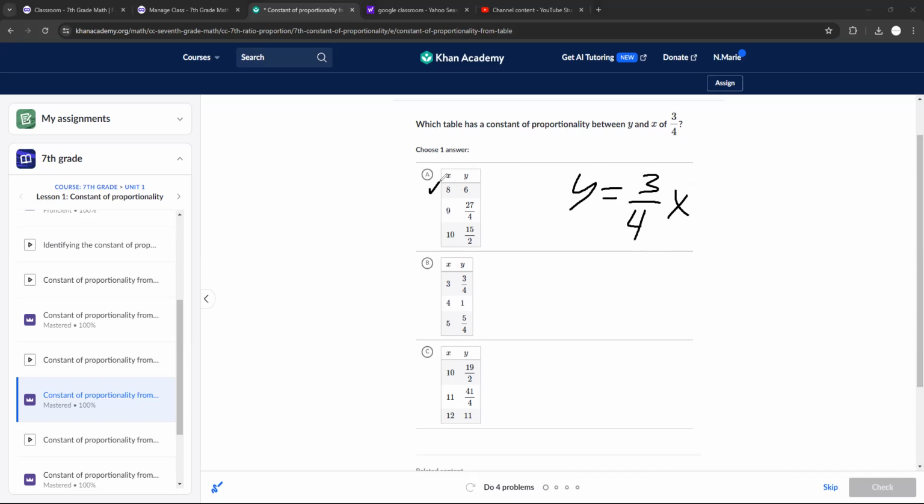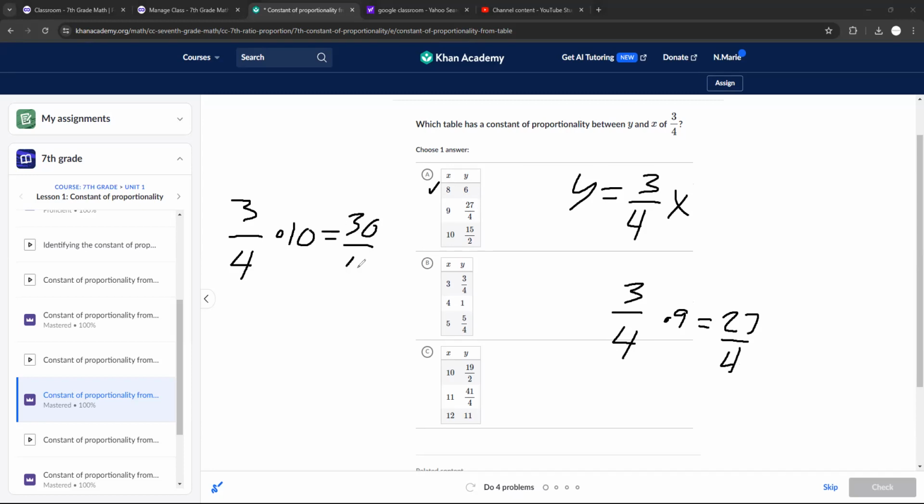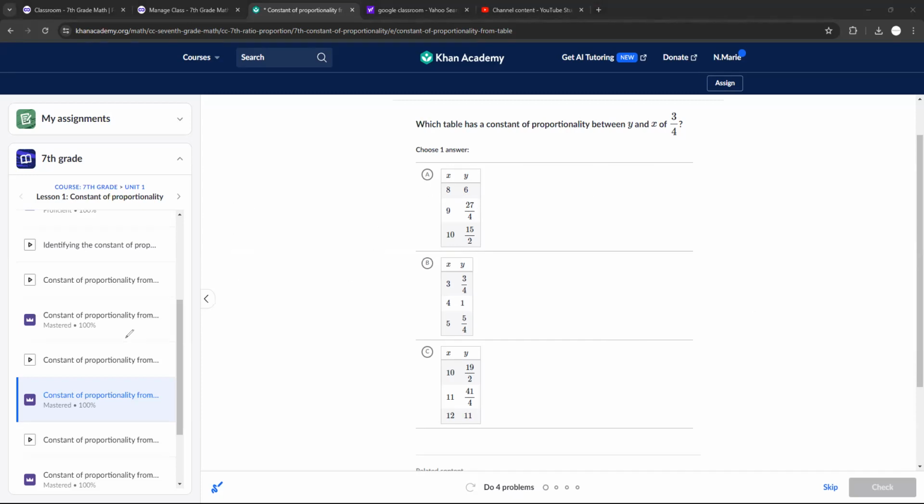By the way, I'm using a calculator, feel free. Or you could do this by hand, right? 3/4 times 9. That's 27 over 4. Cannot be simplified. 3/4 times 10 is 30 over 4, which is simplified to 15 over 2. That one works. No need to check the others.